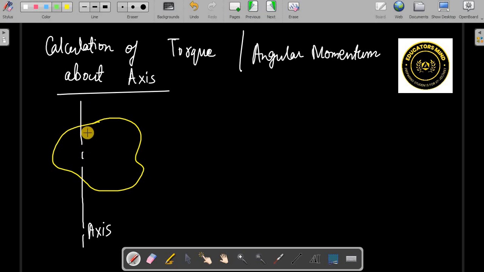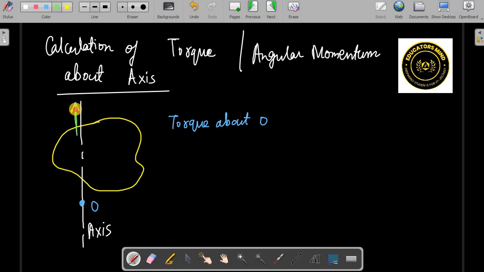Let's say there is a point O on the axis, and you calculate torque about O. And let's say this axis you can consider in this direction.